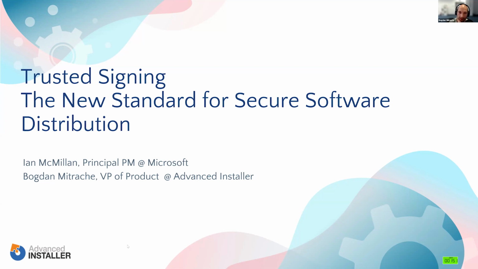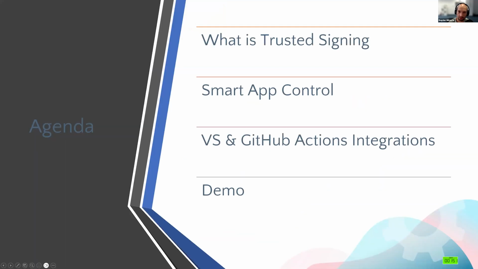So before I pass the torch to Ian, let me just give you a quick agenda of what we're going to talk about today. First, Ian will tell us what trusted signing is, and what Microsoft is investing in this area. Then I will go on with some more details about Smart App Control and how that affects your packaging process, and what you should pay attention to when you start releasing new versions of your applications on Windows 11.